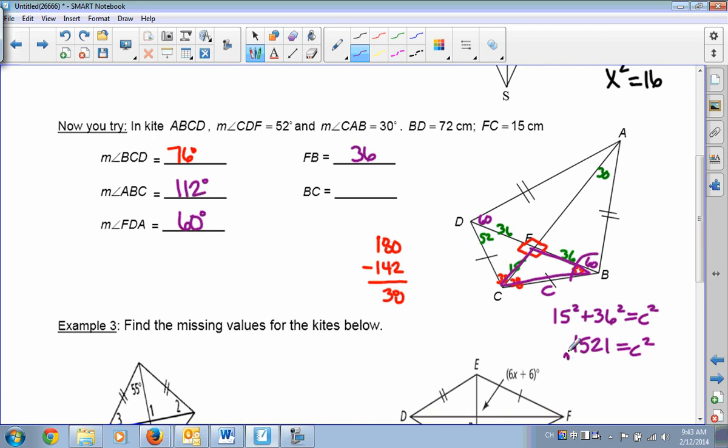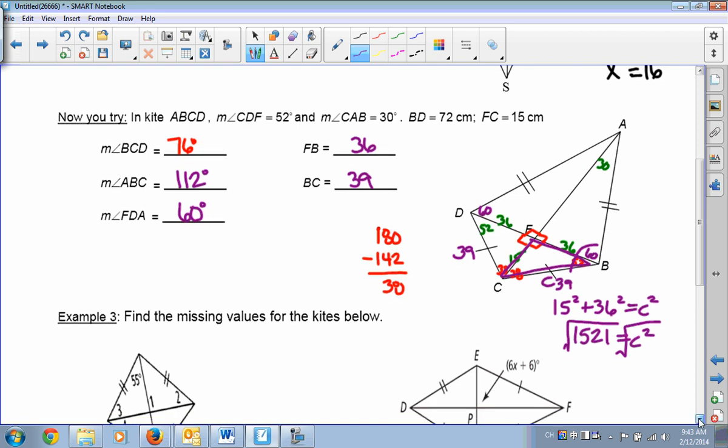Okay. Square root it. So it is, what is it? 39. So if this is 39 out here, and this guy over here also has to be 39. Very good.